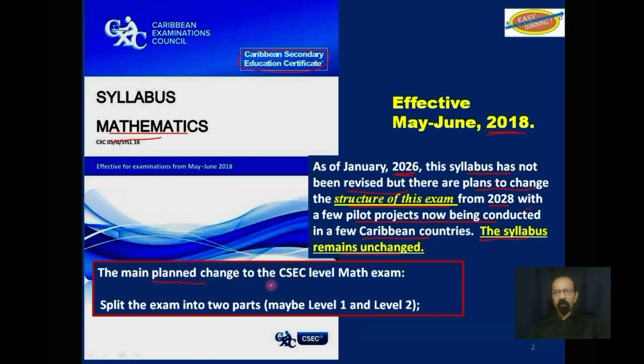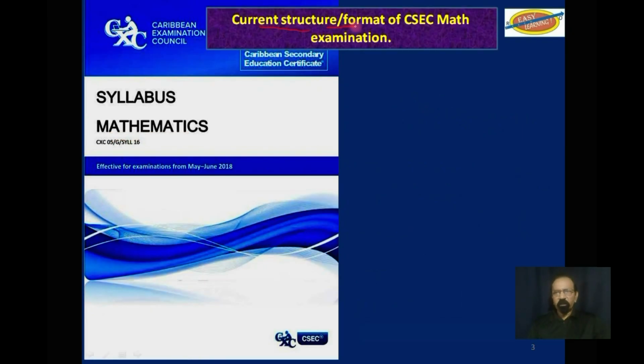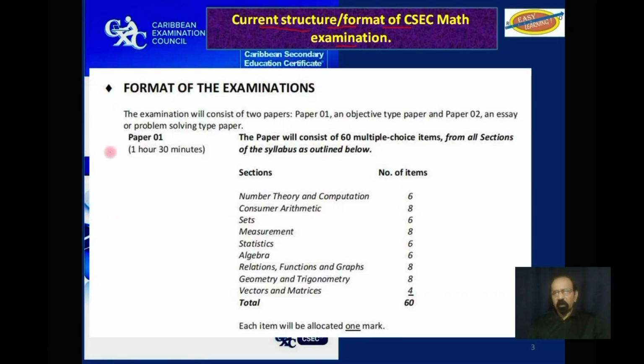The main planned change for the CSEC level math exam is to split the exam into two parts. In the current structure or format of the CSEC math exam, there is a Paper 1 for 1 hour 30 minutes, which consists of 60 multiple choice items from all sections of the syllabus as outlined below.